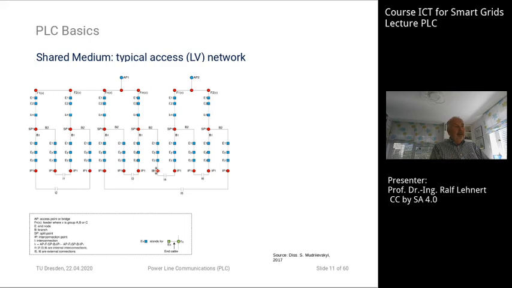I should also explain that typically a power distribution network is designed such that in the case of a power outage, let's say a cable is broken, for instance, let's assume that this cable here is broken, then we cannot feed the typical way, but there is a connector or a switch at the end point, and if you close the switch, then you can feed the house here over this way from here.